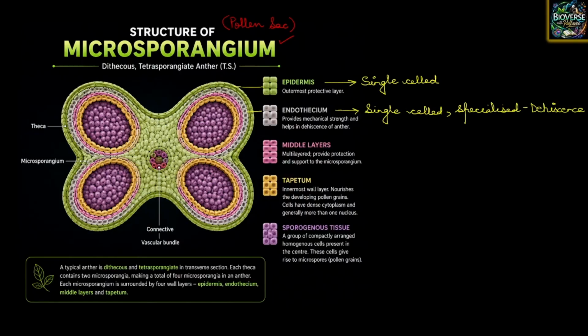So, when we talk about the endothecium, it not only consists of single cells, it also consists of cells that are radially arranged and elongated. When these radially elongated cells which form the endothecium are present, they also give us a protective, mechanical strength that helps in dehiscence.